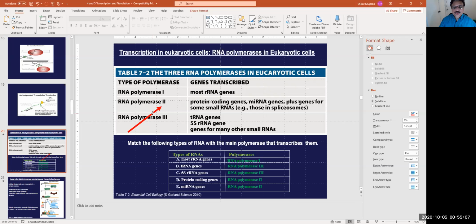RNA polymerase 2 mostly synthesizes those RNAs that will go and translate into proteins, and miRNA. RNA polymerase 3 synthesizes transfer RNA plus 5S rRNA. So RNA polymerase 1 transcribes most of the rRNA genes except 5S rRNA, and small RNAs are also synthesized by RNA polymerase 3. Okay.